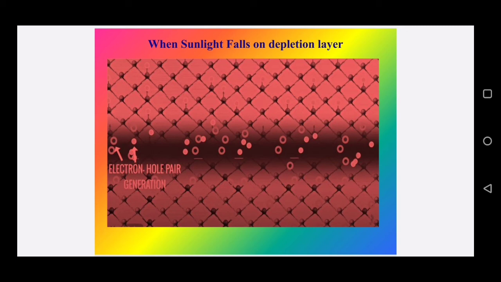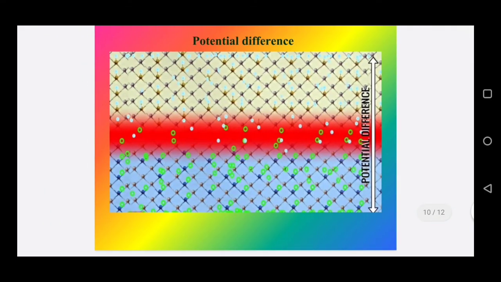Hence, the concentration of electrons is more on the n side, and the concentration of holes is more on the p side. So a potential difference is generated between the regions.